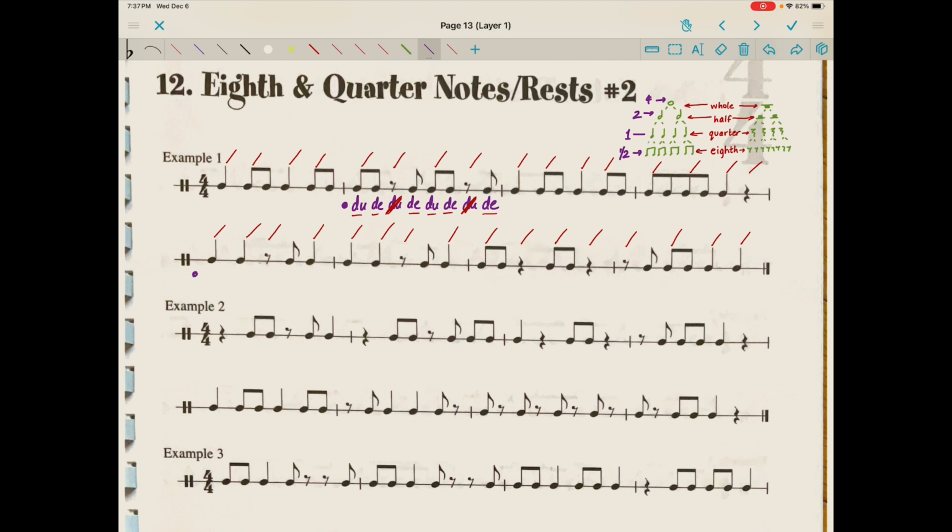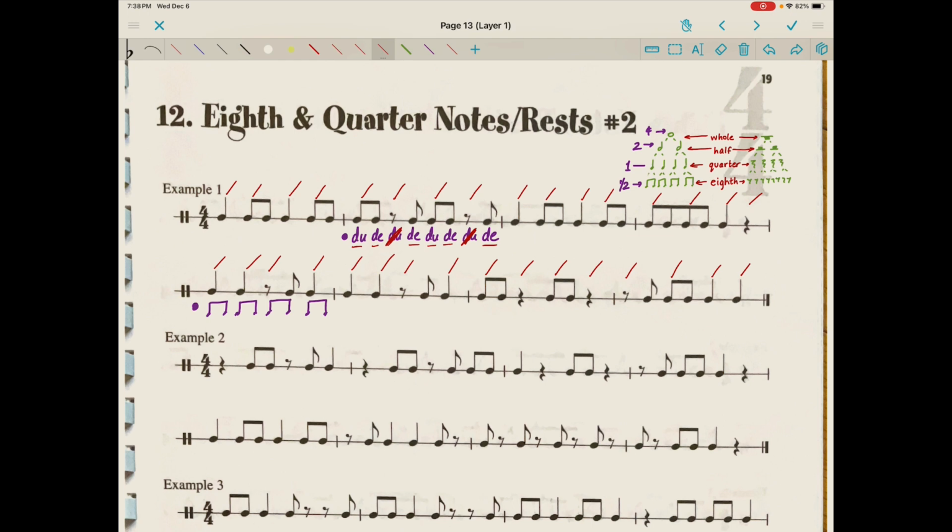Looking down here at measure 5, I'm just going to pencil in my subdivided 8th note pulse here. Now I'm going to write in my syllables.